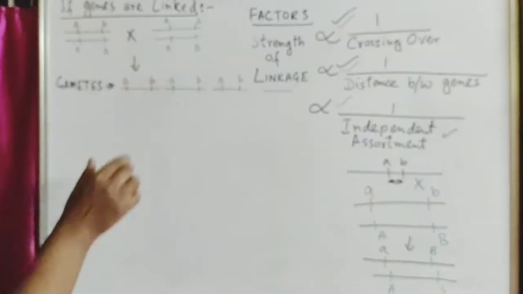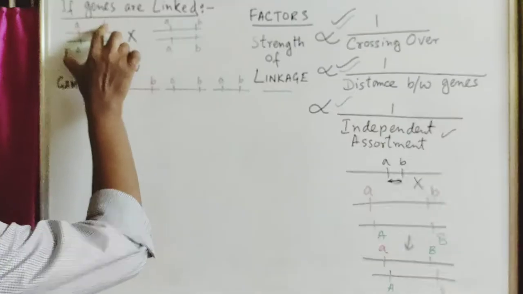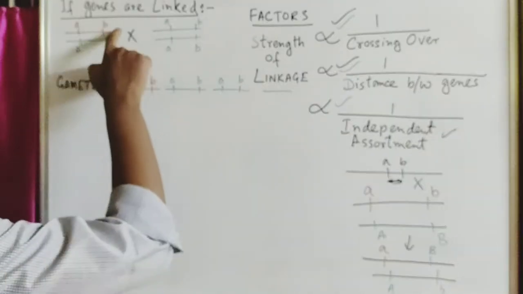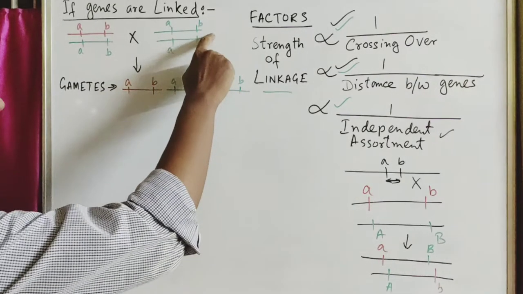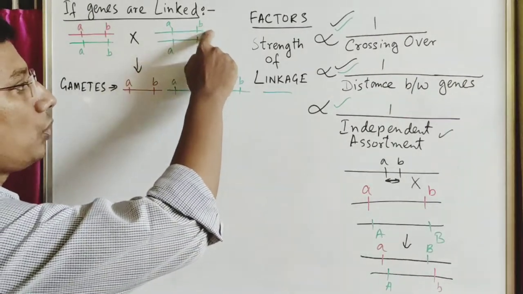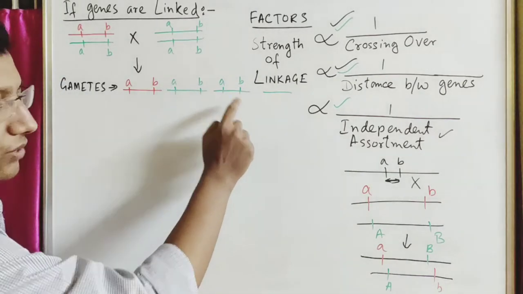From the law of segregation we get two types of gametes from here, and as they are homologous, we get one type of gamete, that is this one.